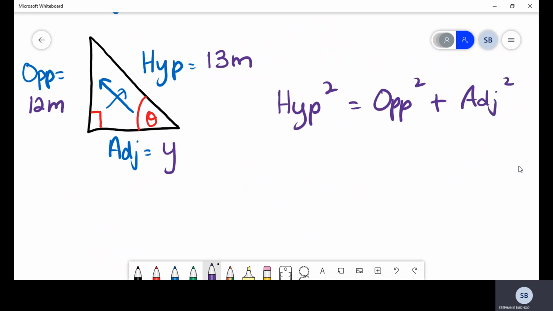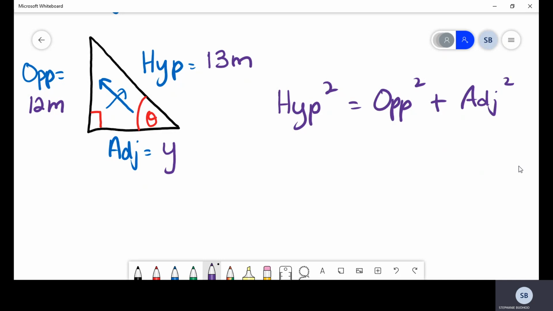And a point to note is that for this formula, you can actually write it as the adjacent squared plus the opposite squared, or vice versa, because when you square these values, they're always going to be positive. So in this case, the order in which you write or choose to remember your formula is not essentially important. Only for this theorem, okay, because addition generally is not commutative.